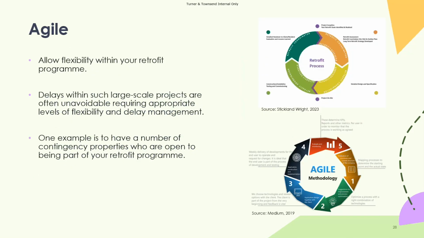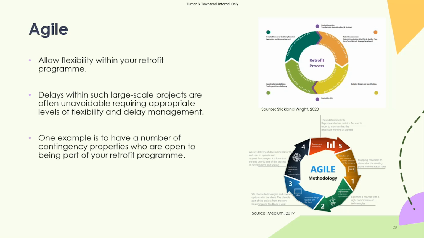The last consideration then is being agile. So you need to allow for flexibility within your program. Even the most well-planned or thought-out programs will still encounter some challenges. And so you want to be able to be flexible or agile to some of those challenges you face. So, how do you account for an agile approach?